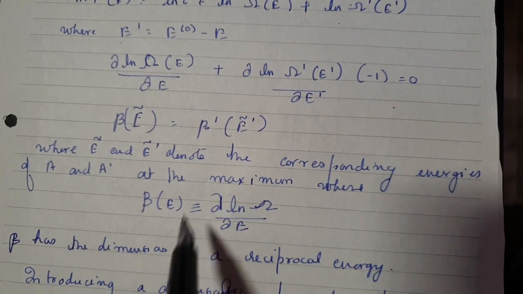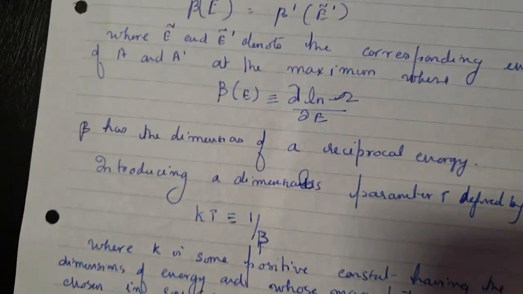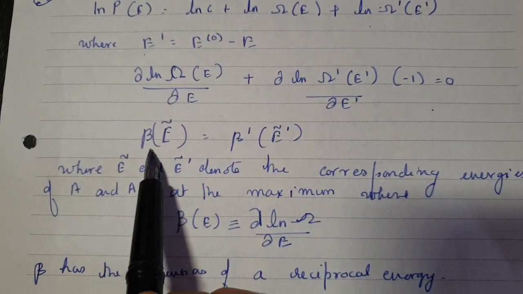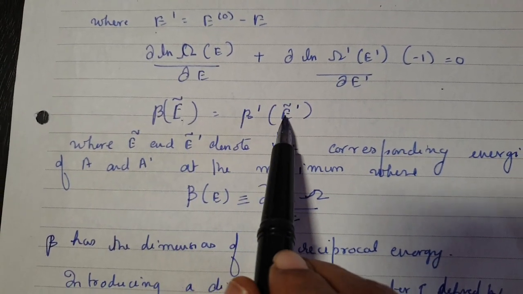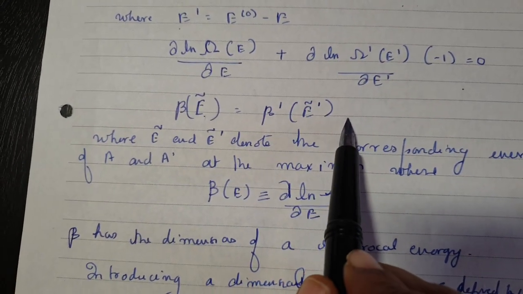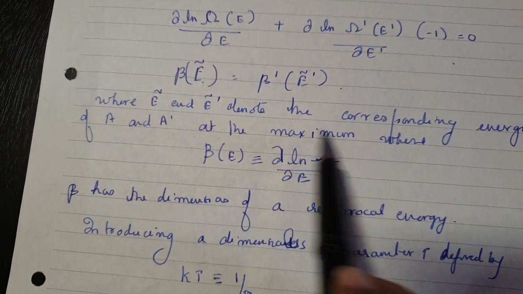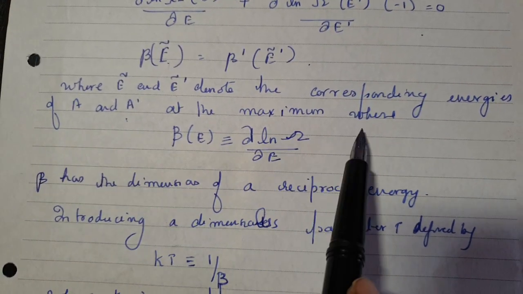From here I am going to define certain constants which you will understand in the next section, so just keep this in mind. So you have beta E of system A equal to beta dash E dash of system B, where E tilde and E dash tilde denote the corresponding average energies of A and A dash at the maximum.